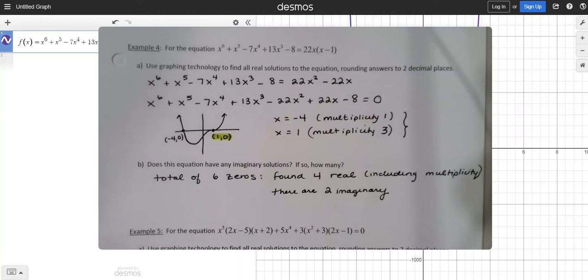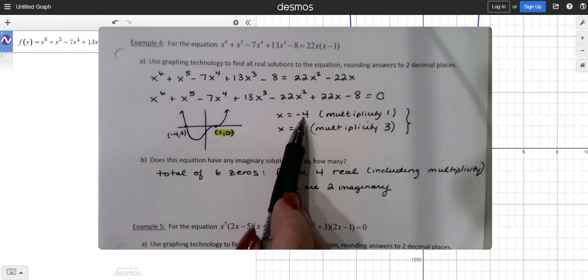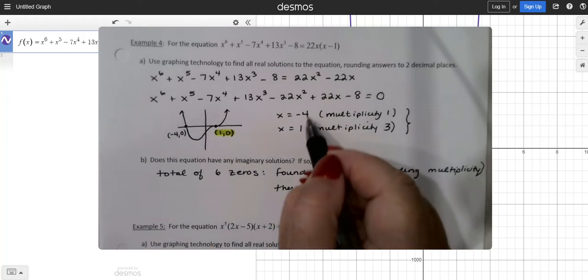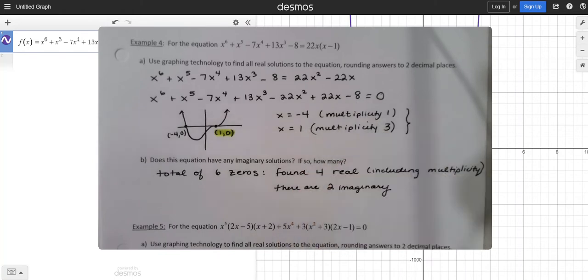All 6 zeros would have been real. Here's the problem. If all of my factors are either x plus 4 or x minus 1, 4 times a whole bunch of 1s is never going to give me that -8 that I would need. So I believe there has to be some imaginary zeros to create that y-intercept.